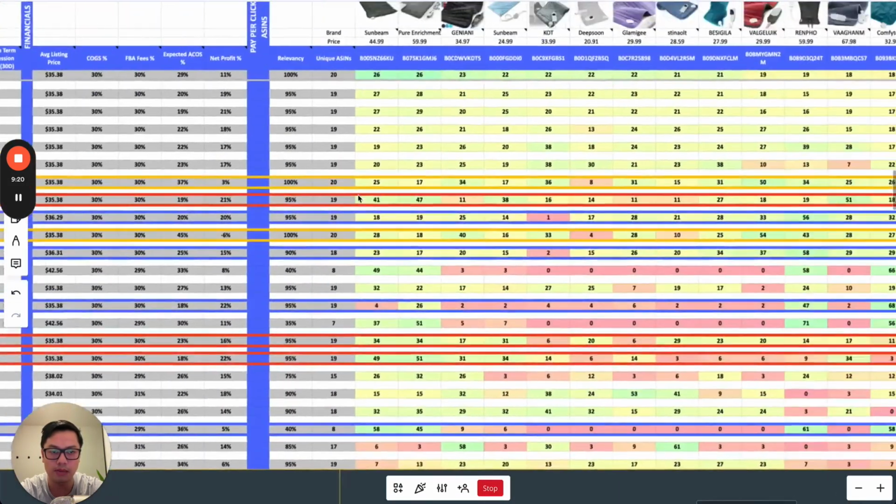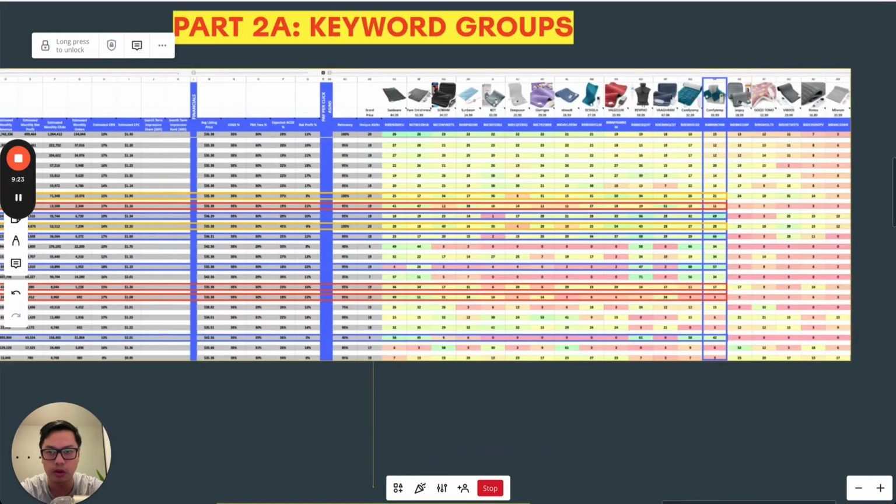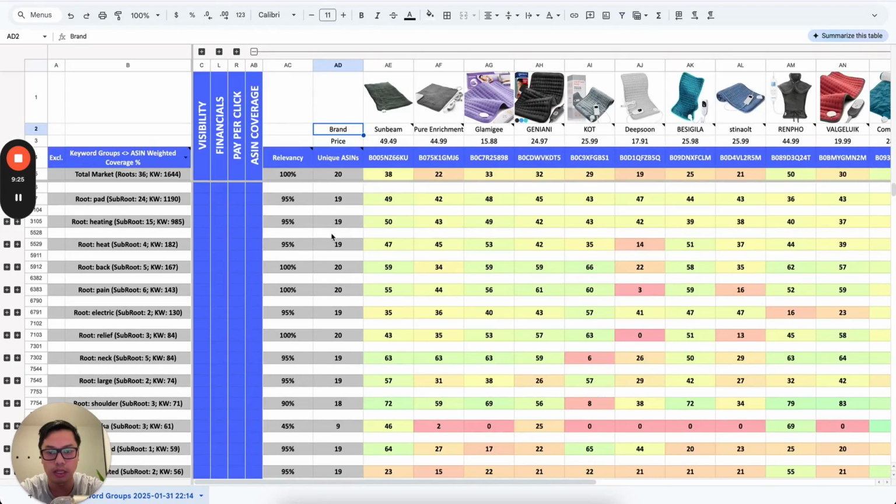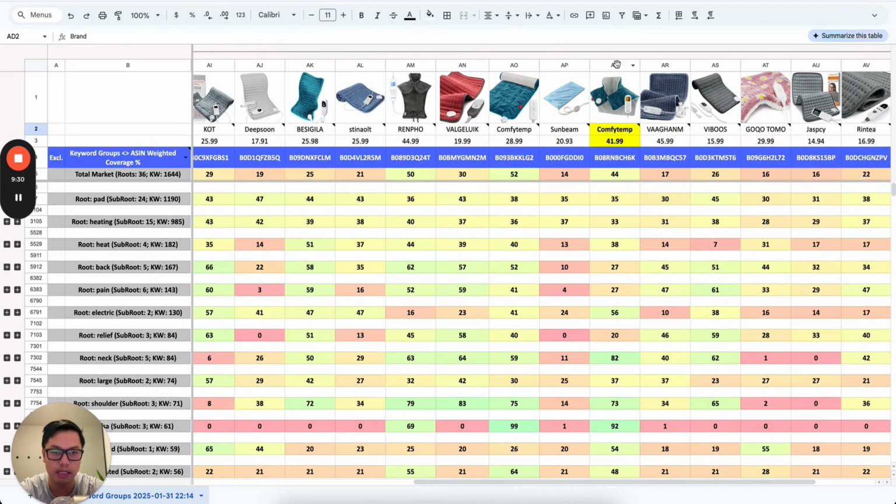So this image here is quite large. I'm actually going to go into the actual real data, and we're just going to talk through this, in particular to this ASIN, which is the one I'm doing the case study on, and really try to answer those questions. Where can I win? Where am I losing?